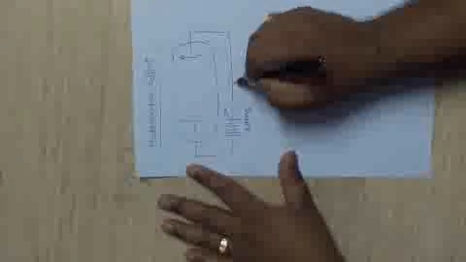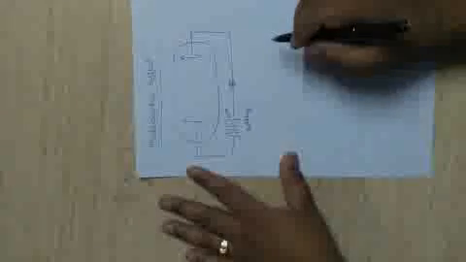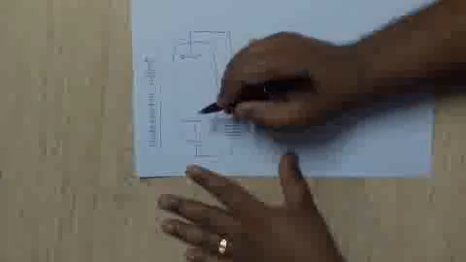And a galvanometer is connected to detect the current because of these photoelectrons.